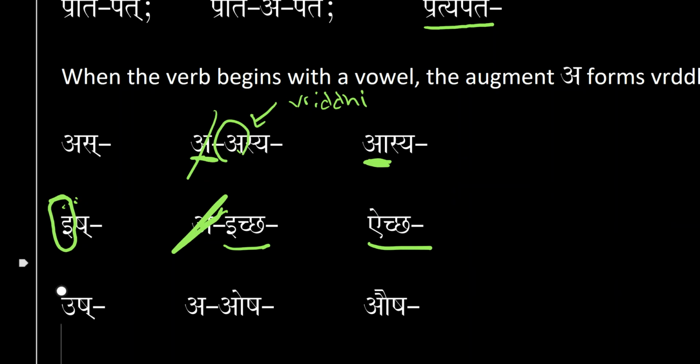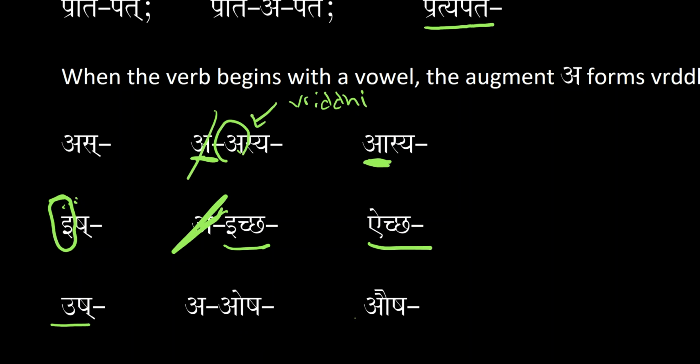Now ush, the verb ush, third person singular, ush means to burn. So ush is usually conjugated in the third person as oshati, because the 'u' takes guna.